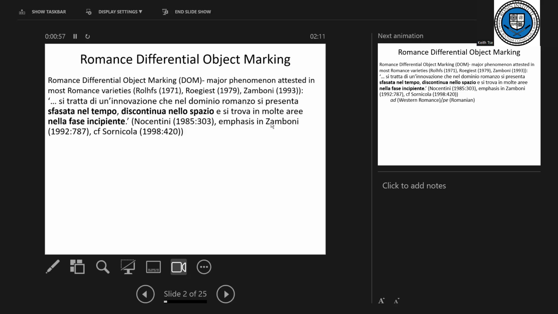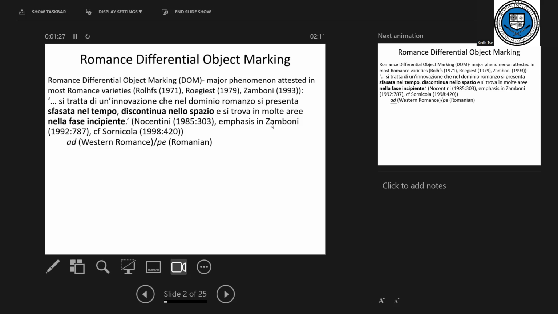There is this famous quote by Bottentini, which I'm going to translate: this phenomenon, namely differential object marking, is differentiated in time, continuous in space, and found in many different areas in the Romance geography. So this shows that Romance differential object marking is a very big phenomenon in Romance.